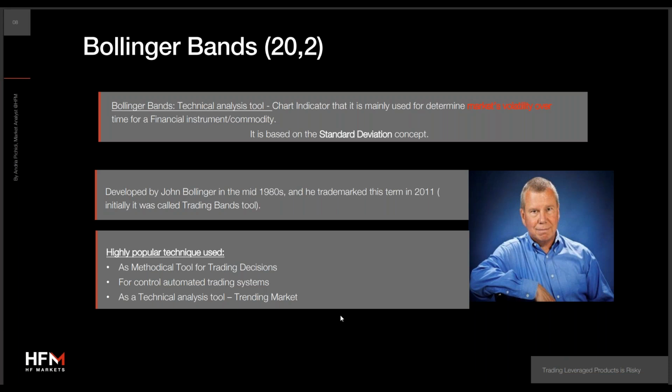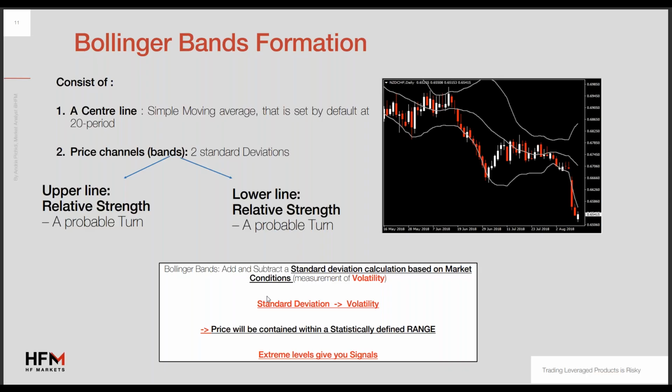and, by the way, it is highly popular for a trending market, not so much for a ranging market, but mainly for a trending market. So this is what I was talking about. Basically let's start with the center line. The center line, guys, is a simple moving average of the price, okay?